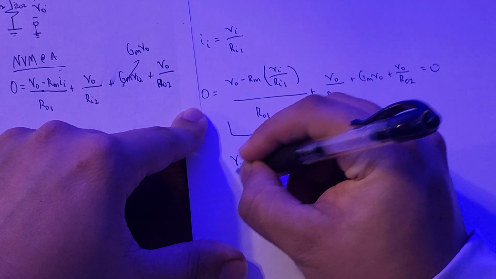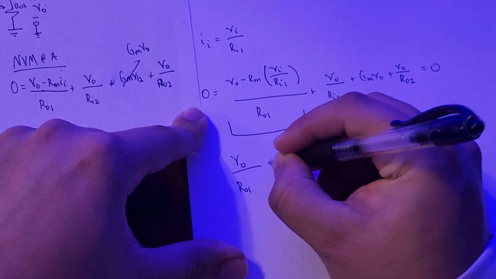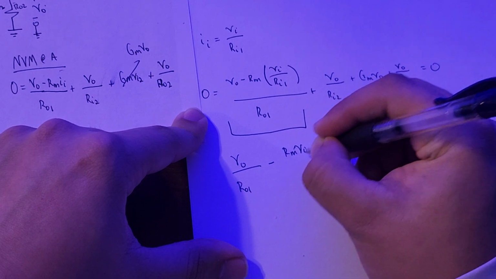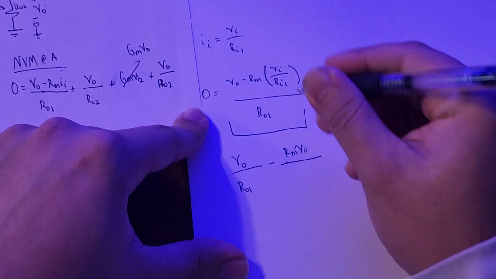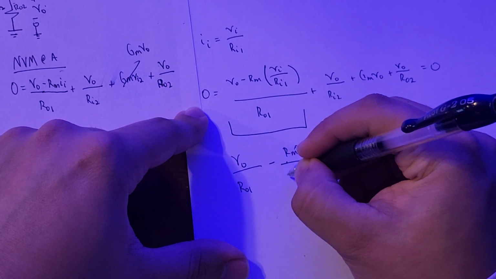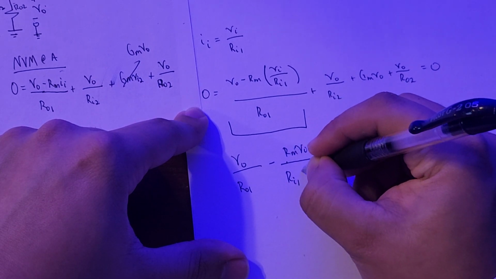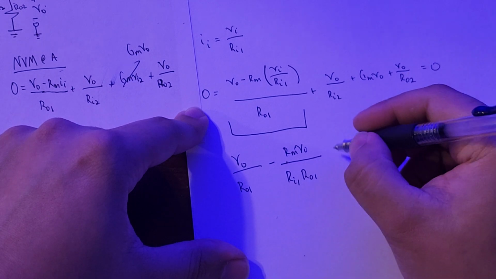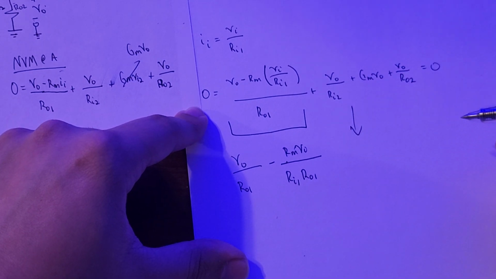We can say Vout over Rout1 minus Rm Vin over Ri1 Rout1. We have a fraction and a fraction, so the denominators come together. And I'll just bring this down, I don't want to rewrite it.